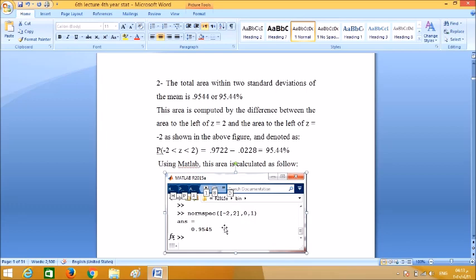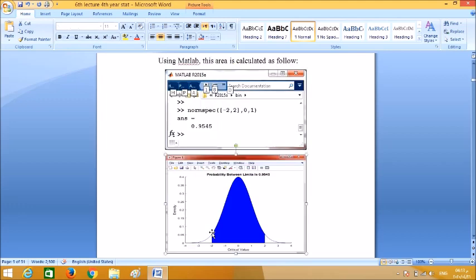So this area, between 2 and -2, equals 0.95. This is the area under the curve between 2 units of standard deviation around the mean.